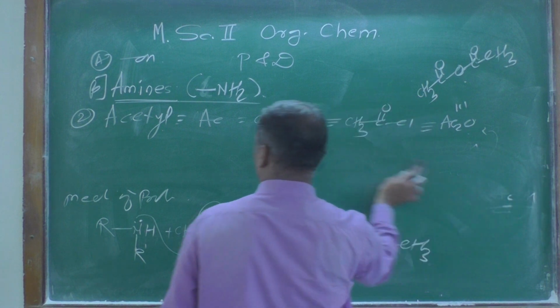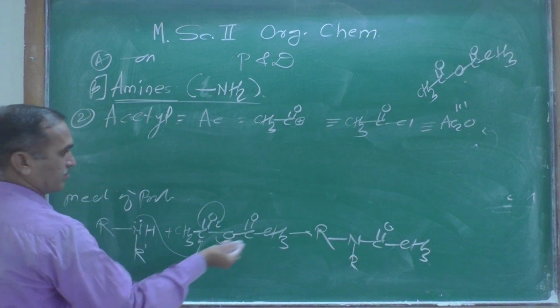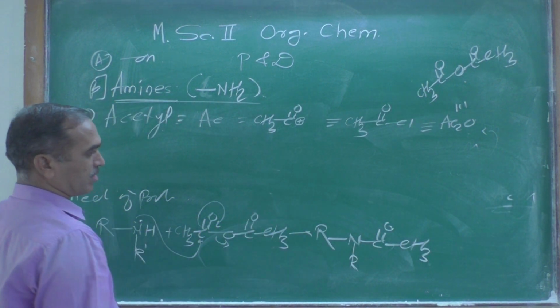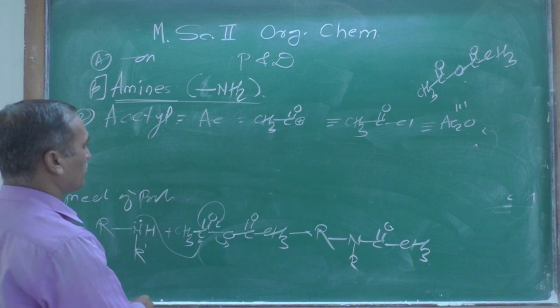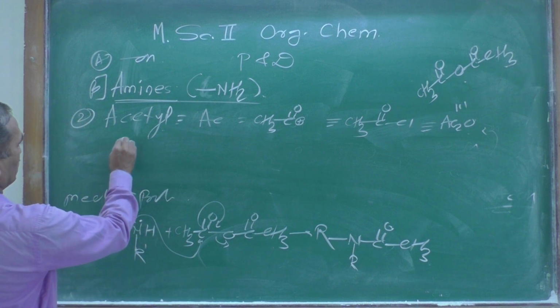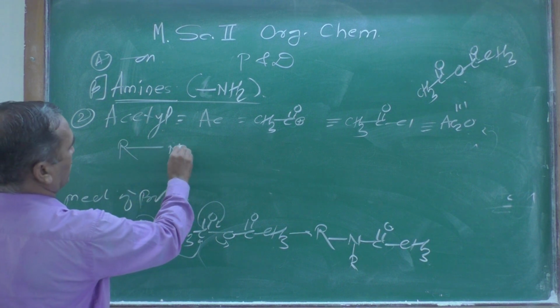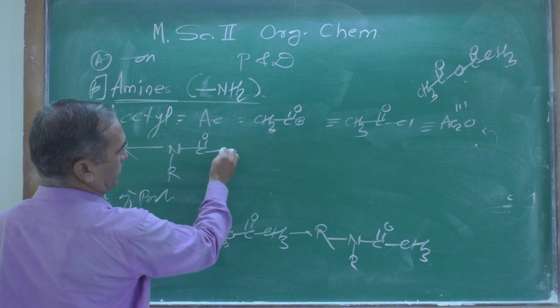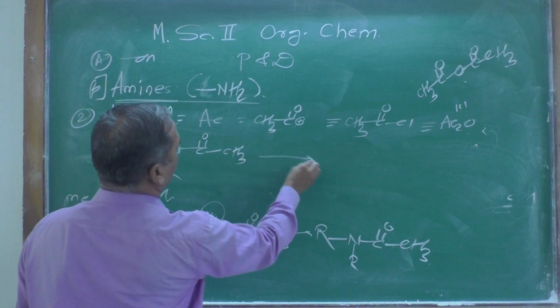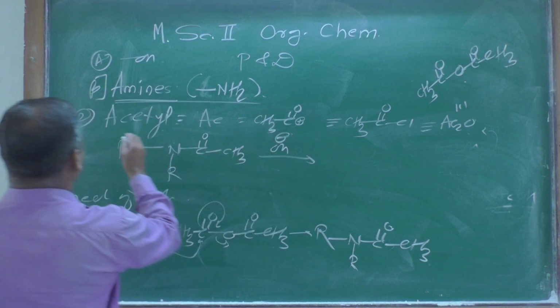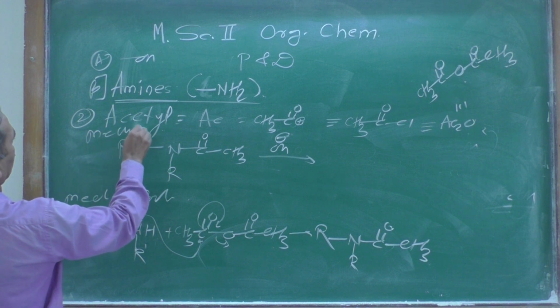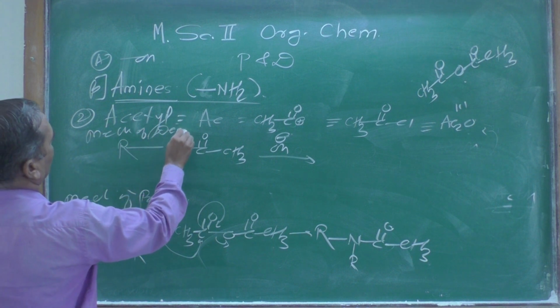A very vigorous reaction takes place here. The deprotection can be done in the presence of a basic medium. We get here R, then N, R, C double bond O, then CH3, that will be treated with OH minus. Here is the mechanism of deprotection.